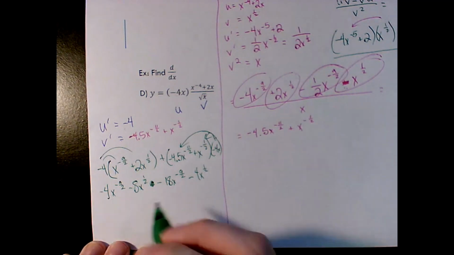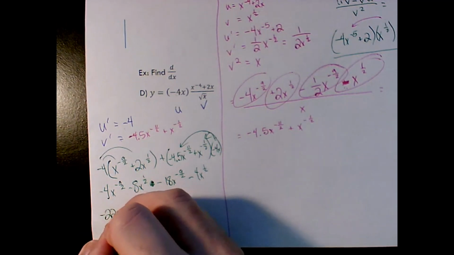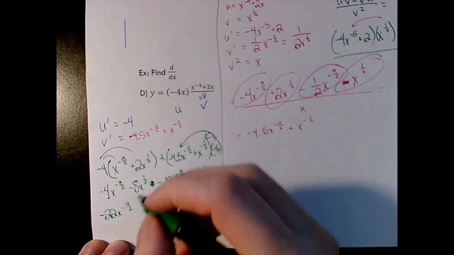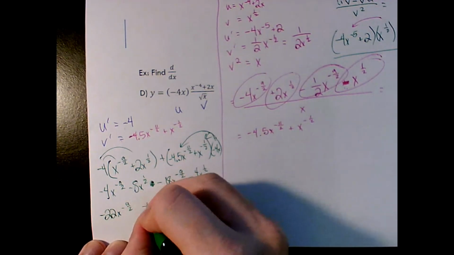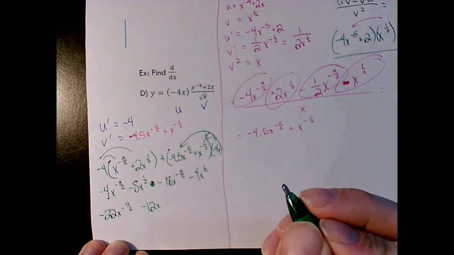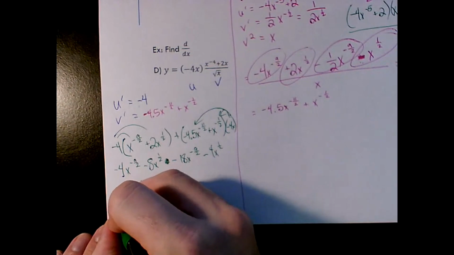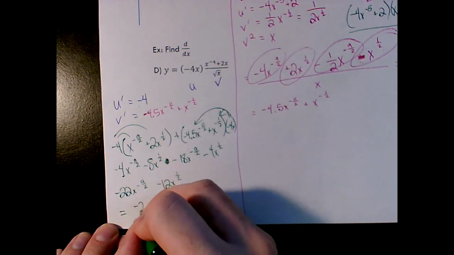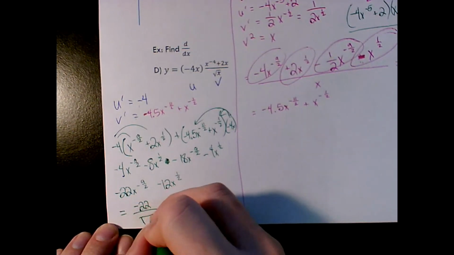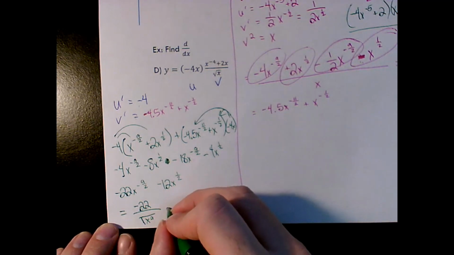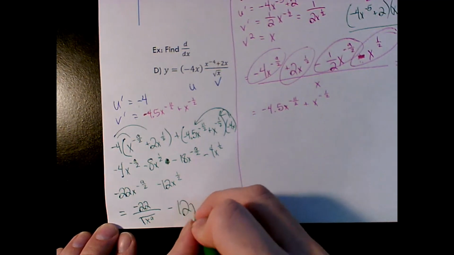These guys are the same: negative 22 x to the negative 9 over 2. These guys are the same: minus 12x to the 1/2. And last but not least, I'll just simplify it out: negative 22 over the square root of x to the 9th, minus 12x root x.